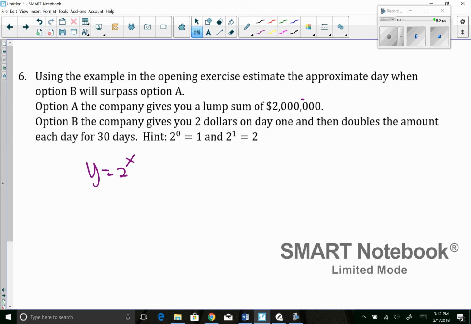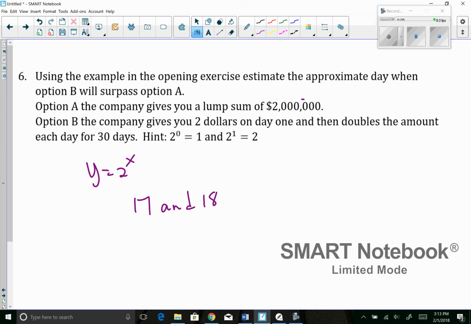So I have, starting at 0, $1, then $2. So you could see what's going on here. And if you keep scrolling down, between 17 and 18, it jumps from 1.3 or 1,300,000.